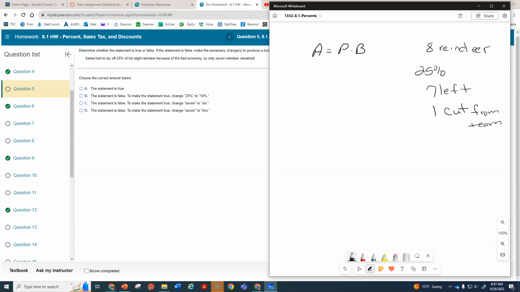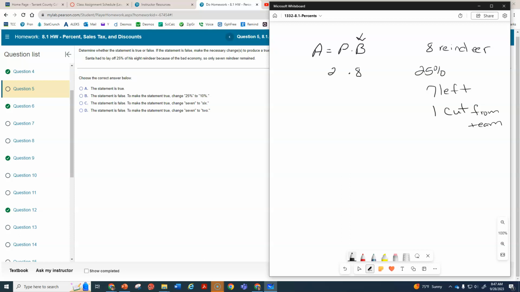So we need to be able to figure out what numbers go here. This B right here is always your original amount, whatever you started off with. So in this problem, 8 is the number that goes in the place of B. They told us that 25% is how many he had to lay off.